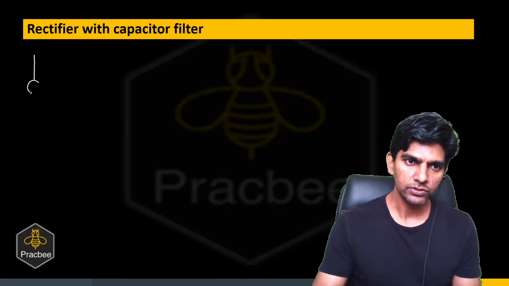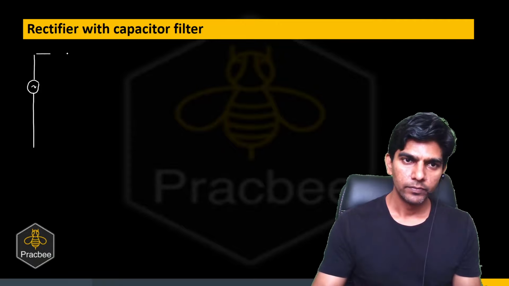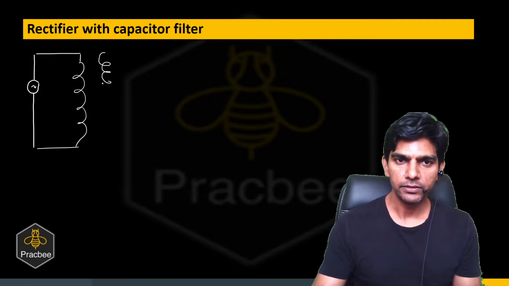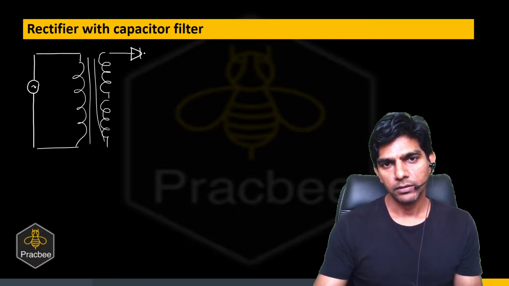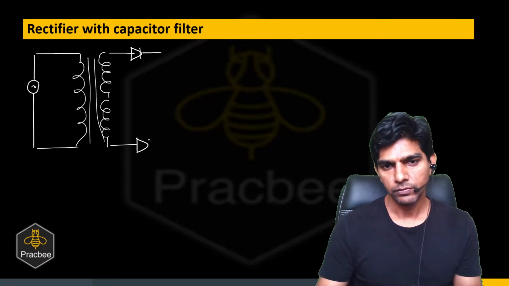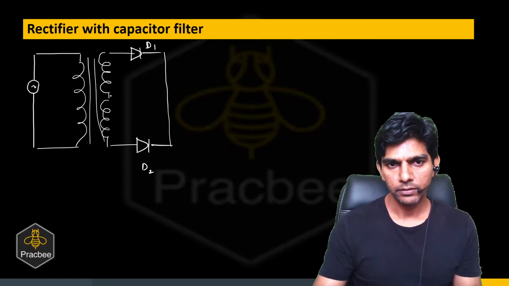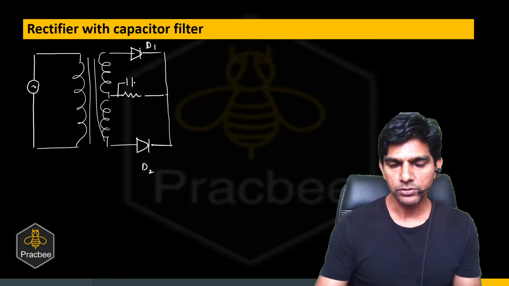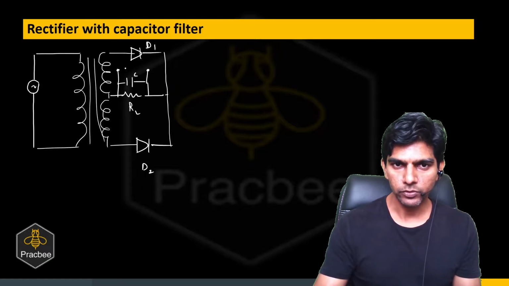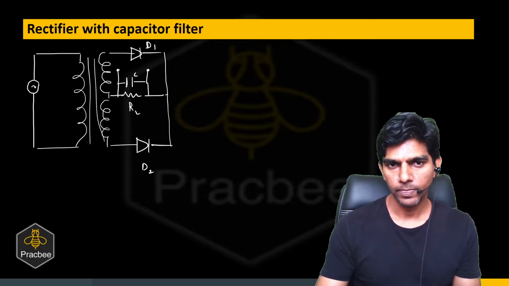So there is an AC source, and this is the primary winding, and again we have a center tap transformer, right? So the secondary is split up into two parts, and there are diode D1, and here we have diode D2, and the load is connected like this, and we have connected a capacitor in parallel to the load, and we are measuring the output voltage across the capacitor.